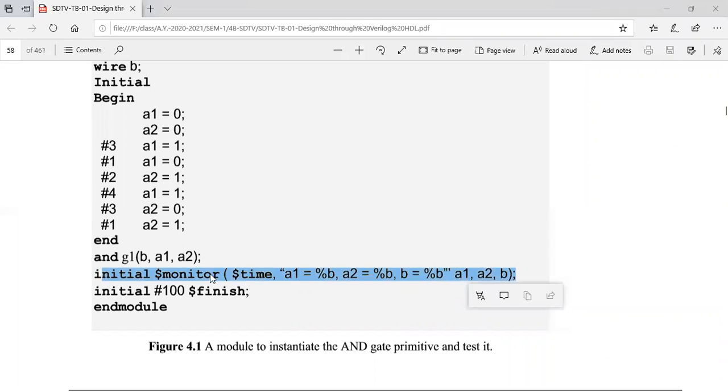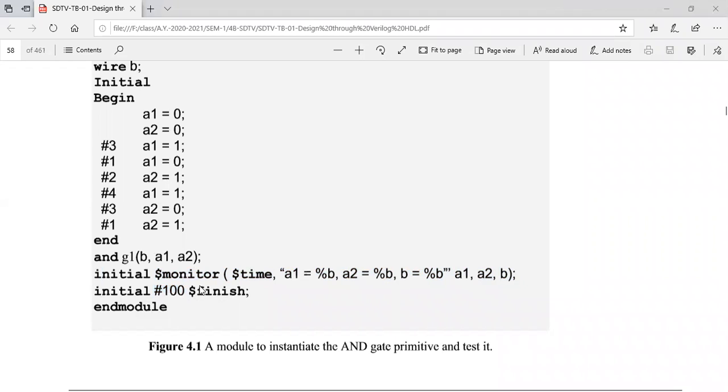There is a change. You just monitor the changes from time to time. There is change for A1 and A2, which are taking binary values, and the output B is also binary. Those values we are assigning here. Then you execute that content.